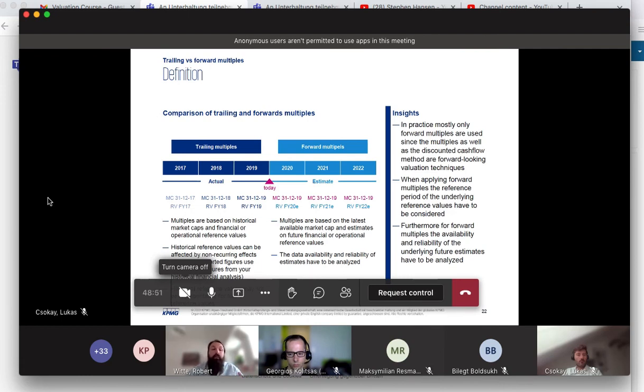Of course, for trailing multiples, you can calculate trading multiples for all the historicals you have, based on the historical financials, net income of 2019, 18, 17, and so forth.